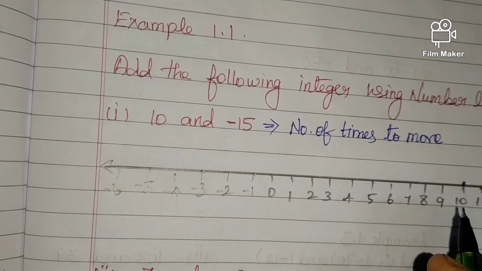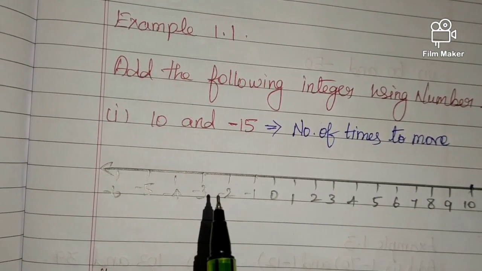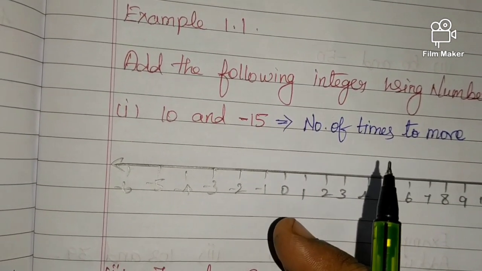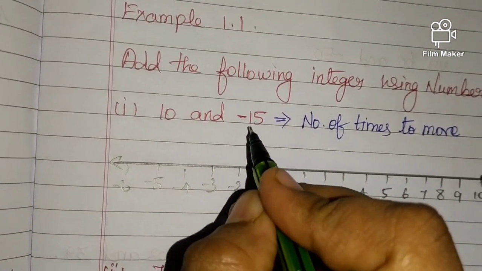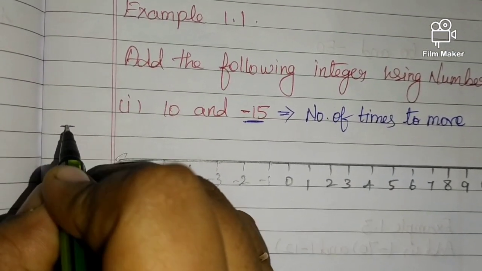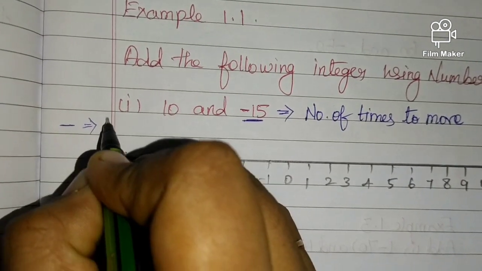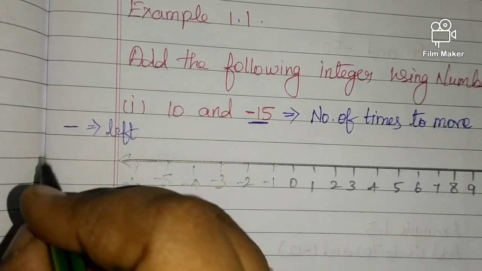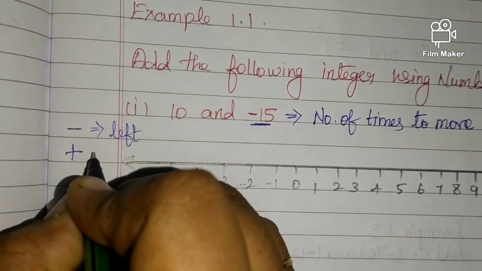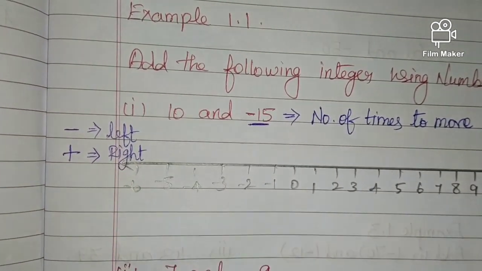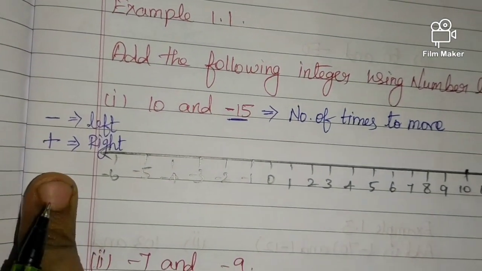From the 10 we want to move 15 times, whether it is left or right. Here only you have a little bit of confusion. Negative number given means we want to move to the left direction. Positive number means we want to move to the right direction. Always keep this in your mind.